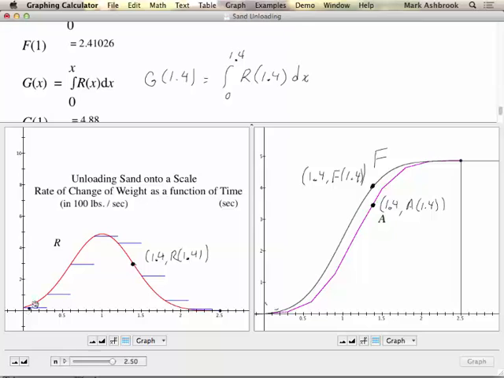To get the bits, for each bit we want it to reflect the true rate at that moment in time. Does that do this? No. This is just a constant rate of R of 1.4. So for all the way from 0 to 1.4, what rate is it going to accumulate at? Not the changing rate, but this constant rate of R of 1.4.